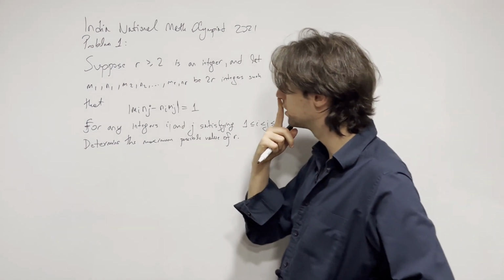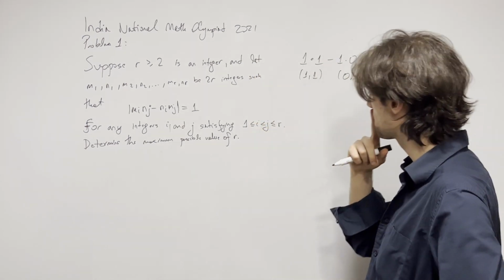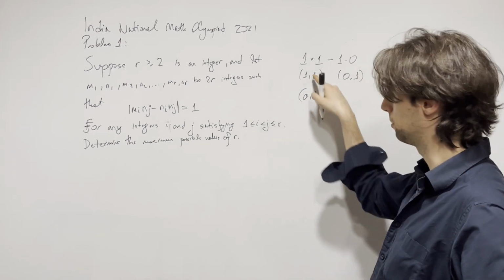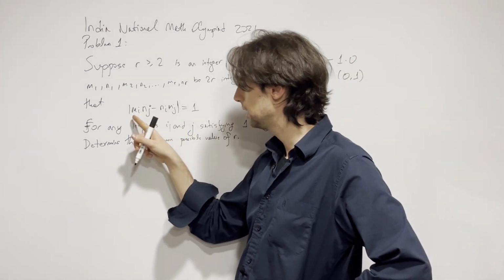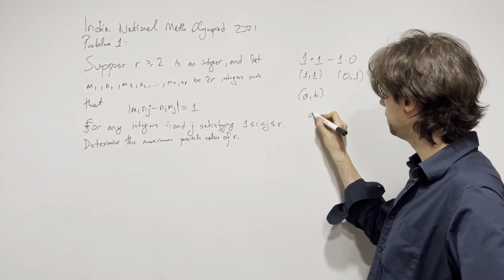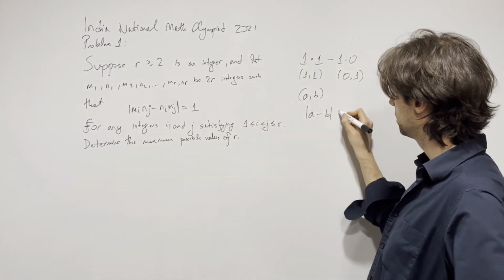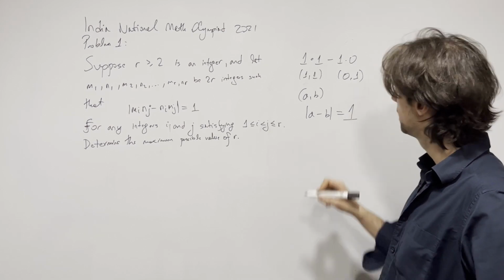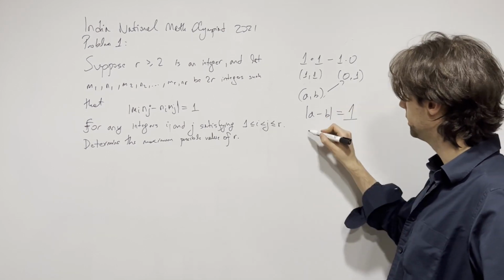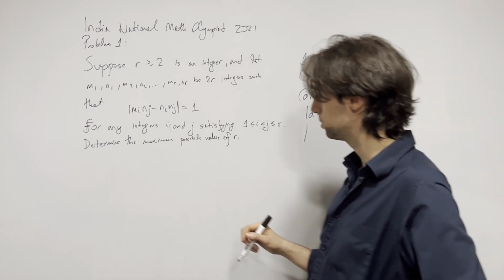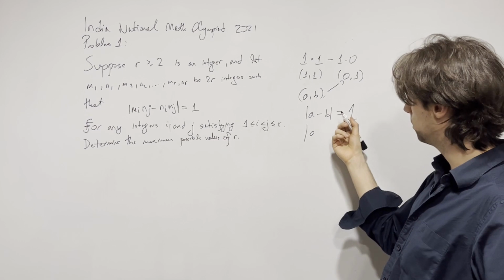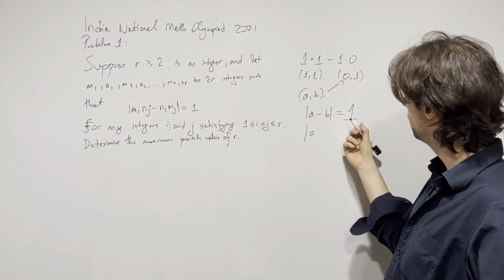For this new pair, let it be (a, b). If I combine (a, b) with this, the absolute value of a minus b needs to be equal to 1. If I combine a and b with the other pair, I'll have 0 times a now.